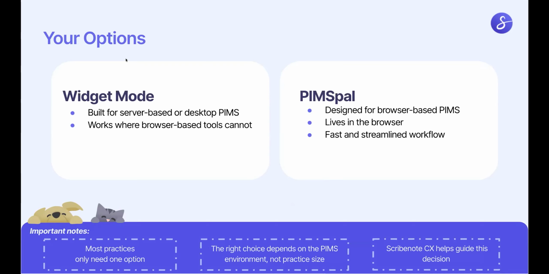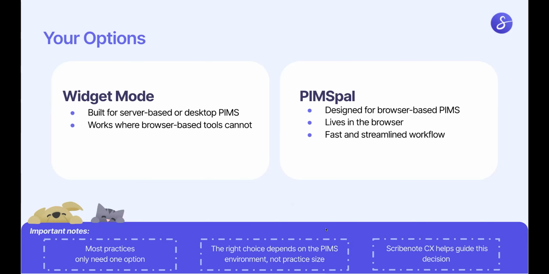And so some things to keep in mind. Most practices only need one of these options. It's up to you. You don't have to only choose one, but certainly, based on your preferences and what your PIMS supports, one is typically going to fit you best versus the other. And the right choice, again, depends on your PIMS.